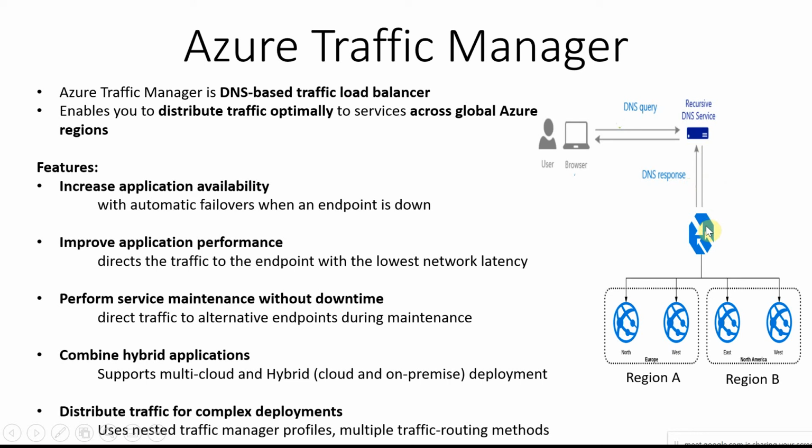In this case, it knows that it is registered with the Traffic Manager of Azure, so it will route the traffic to the Contoso A Traffic Manager, and this will internally route the traffic to whatever application is associated with that page.